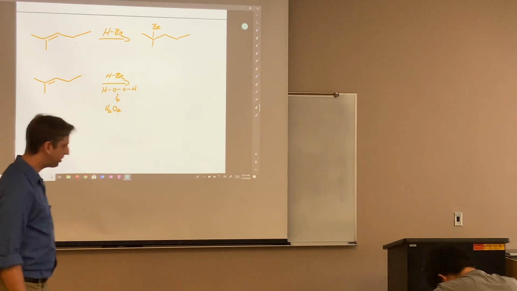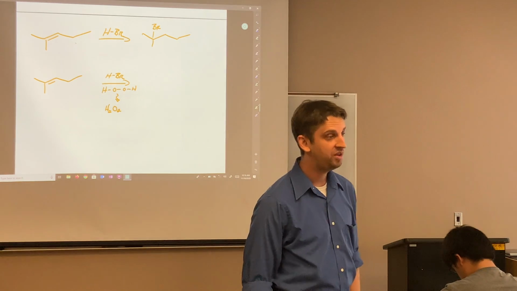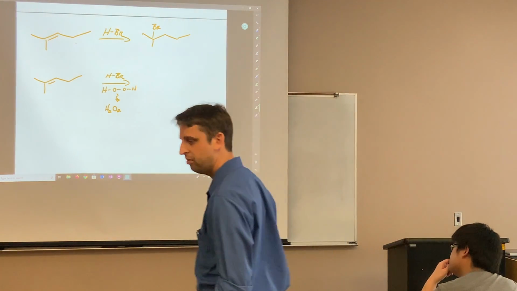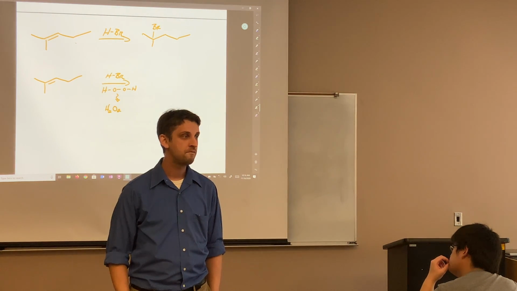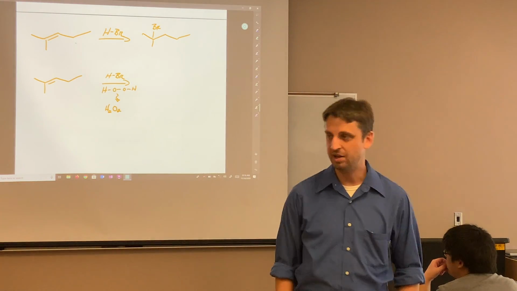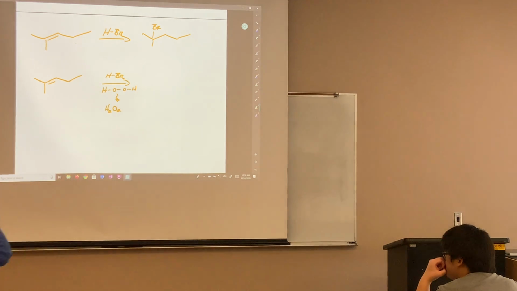What are these flags for us to pay attention to? When we see a peroxide in a reaction, we usually end up adding things to the less substituted side, right? So we have this example here where we add a bromine to the less substituted side.